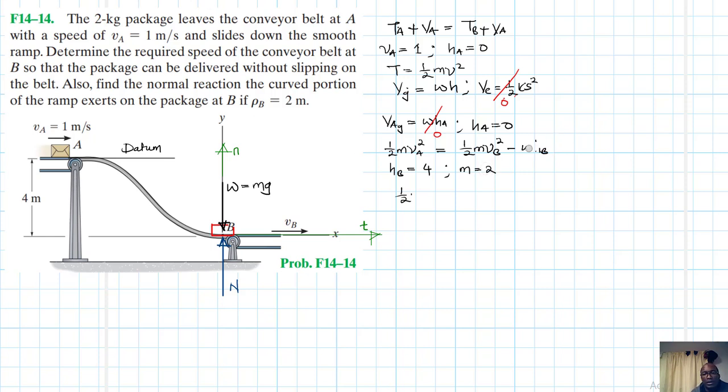We can write this one as mg HB, so that we can cancel out the m.